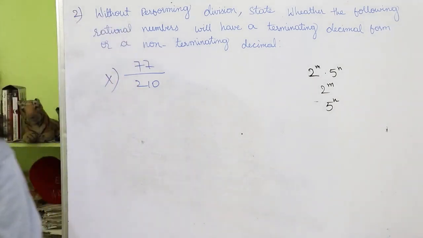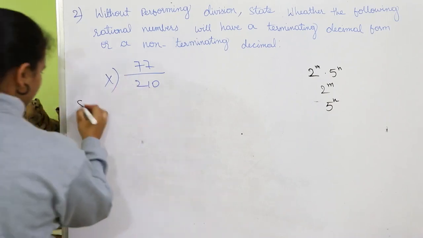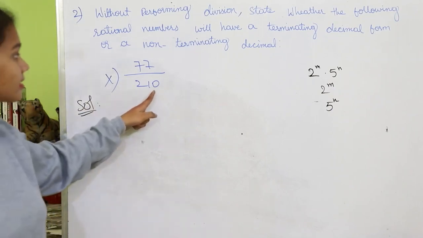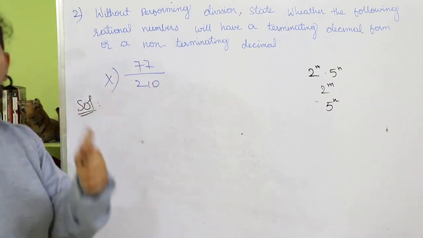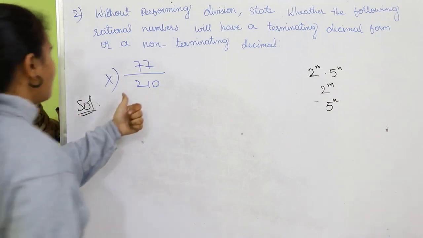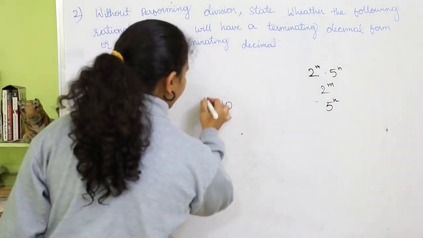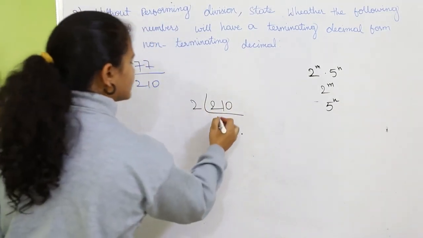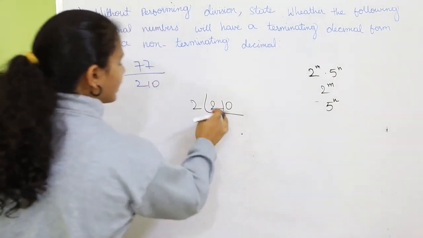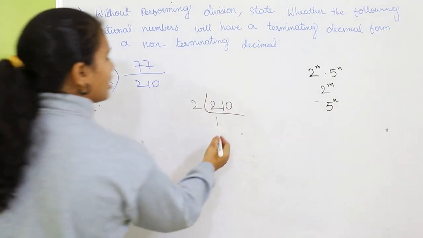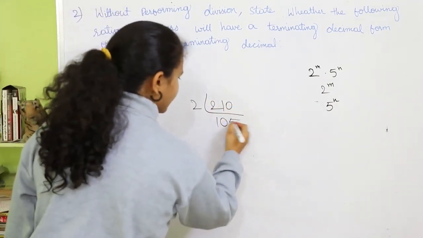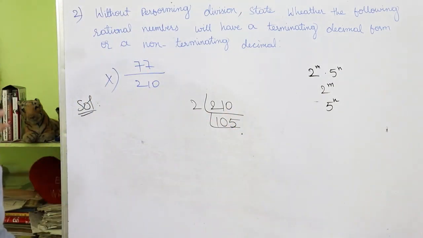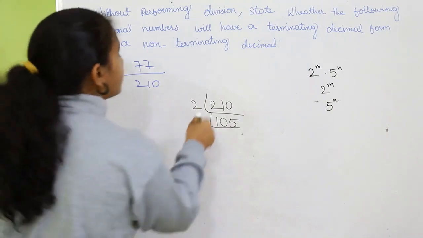Now coming back to the solution, let's take the LCM of the denominator, which is 210. 210 means 2 1s are 2, and I'm taking 2 digits directly, so I place 0 in the middle, and 2 5s are 10.